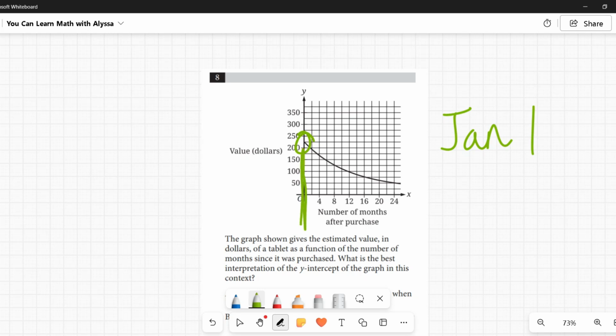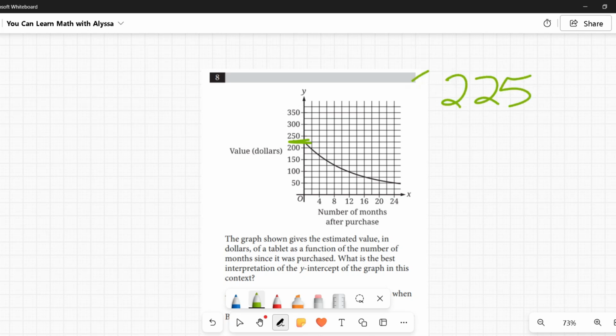That is 0 months after purchase. So that point, that y-intercept, which appears to be 225 because it's halfway between 200 and 250, the value in dollars. So I'm saying that the y-intercept means that I paid $225. That's what I paid. That's what I bought it for. 0 months after purchase, $225.